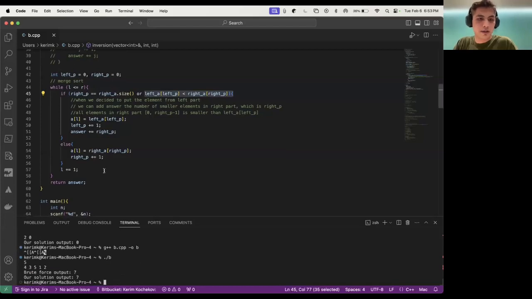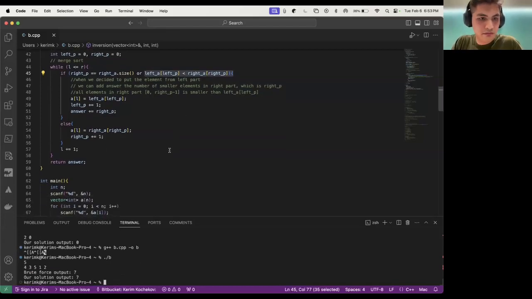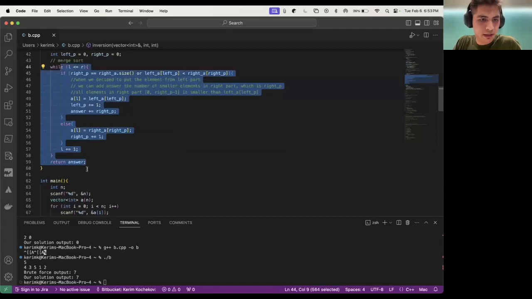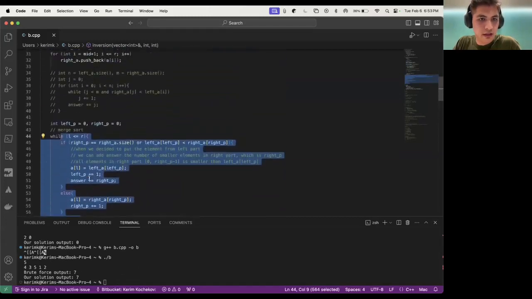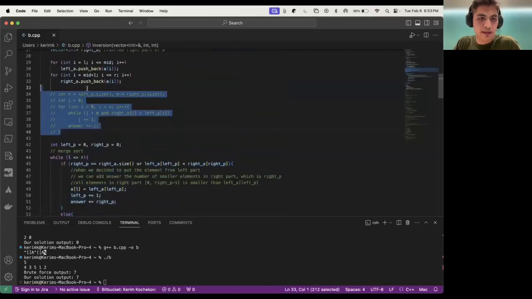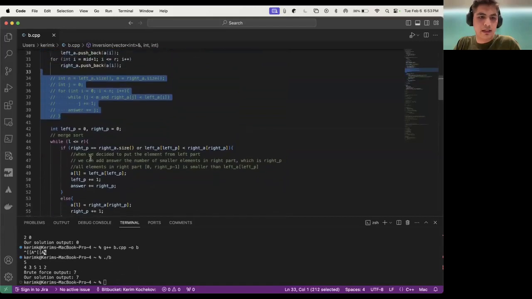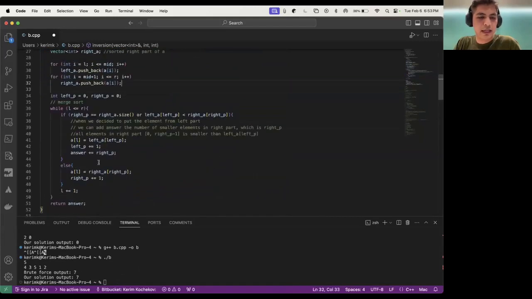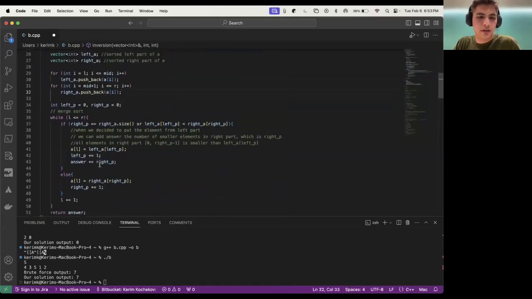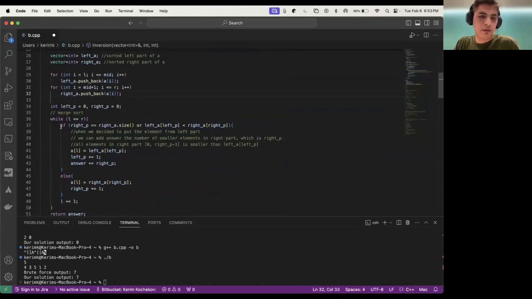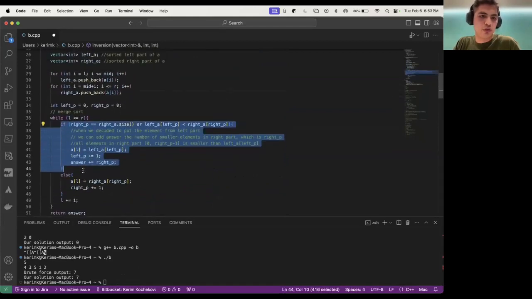Yeah, the answer is 7. So this is again linear time, and we can get rid of this independent part. So we just count the number of smaller elements in the right part for each element of the left part, while we merge these two sorted arrays.